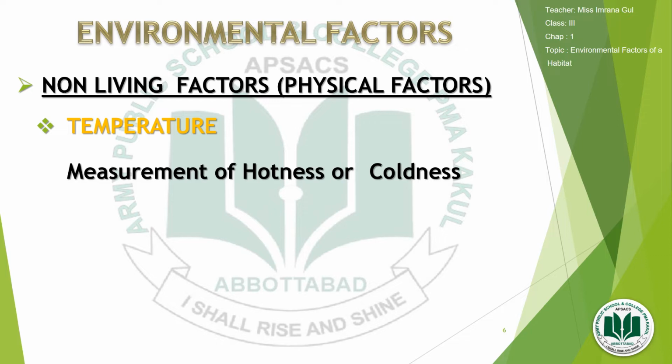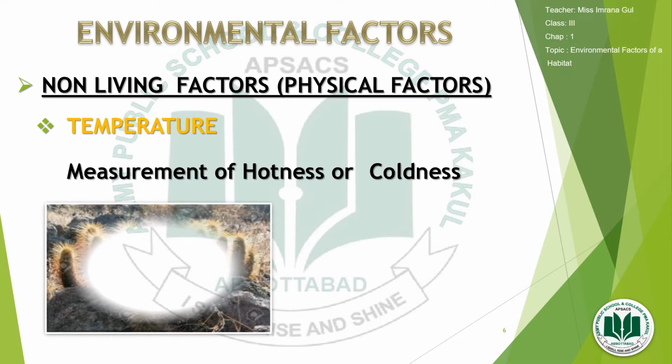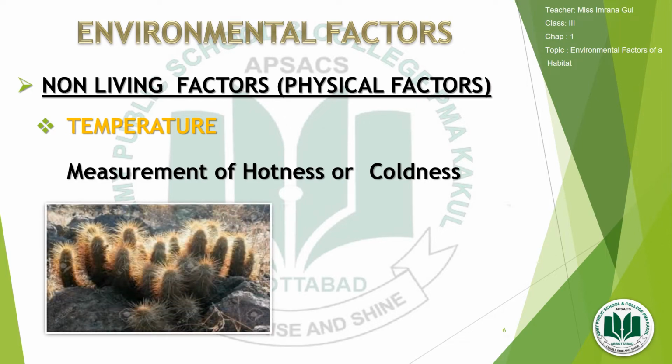And if temperature is too low, the plants and animals will die due to extreme coldness or due to freezing of water. However, some organisms can live in too hot or too cold habitat, for example, the cactus plant and the polar bear.